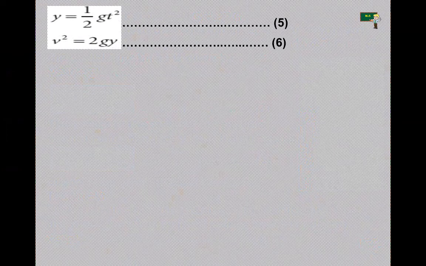We know y is equal to 1 by 2 gt square. So v square is equal to 2gy. This is equation number 5 and this is equation number 6.